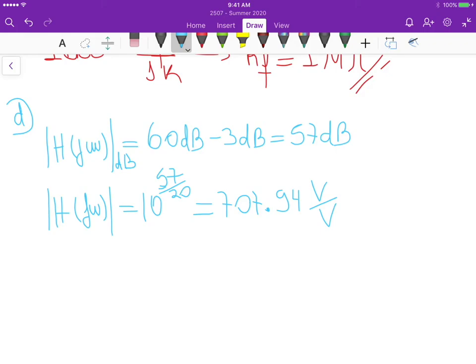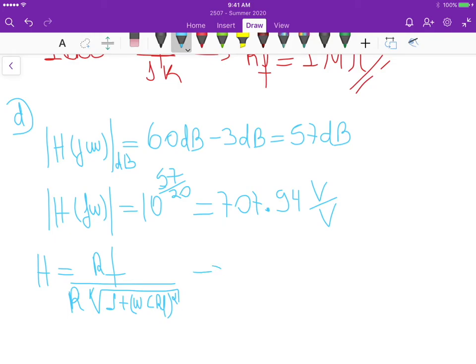So, I'll just write H to simplify, H is equal to RF divided by R times the square root of 1 plus omega C RF squared.